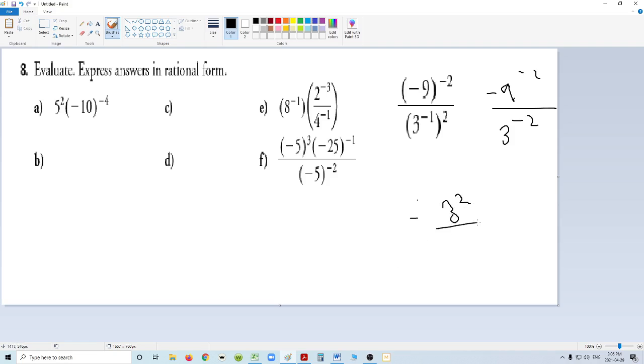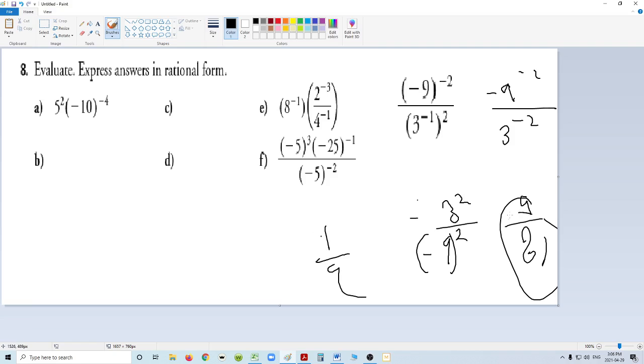That's 3 to the 2 goes to the top, and -9 to the 2 goes to the bottom. Now, -9 to the 2 will become positive. Up here it will become 9. Down below it will become 81. And this simplifies to 1/9. The 81 became positive because the -9 right here had an even exponent that made it positive.